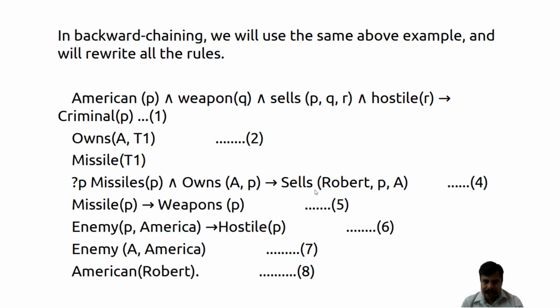These were sold by Robert, missile, weapons. Enemy of this particular country is hostile nation. Enemy of A is America. American is Robert. So in this way, we will rewrite.